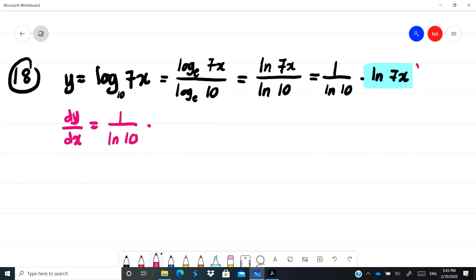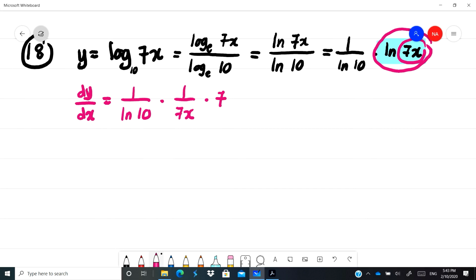Now you differentiate this part. Differentiating ln will give you 1 over 7x, and then differentiating 7x will give you 7. That is the chain rule. Now you simplify where it can be simplified, which is the 7 and 7 here. So you will have your final answer as 1 over x ln 10.